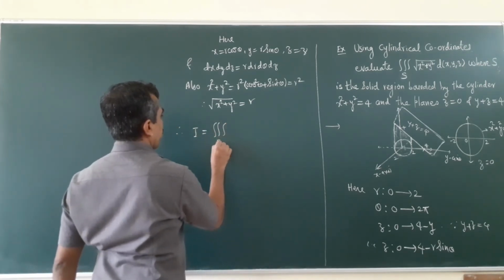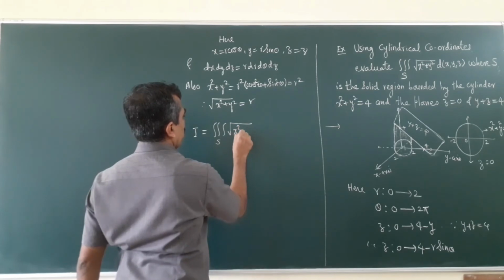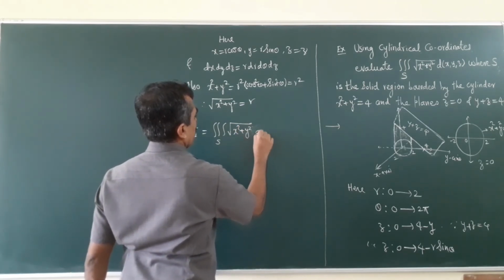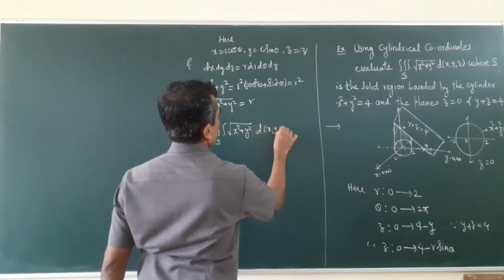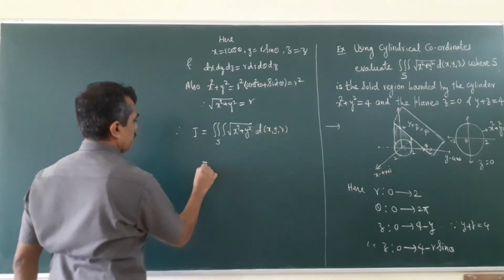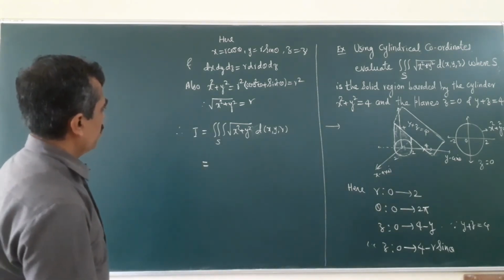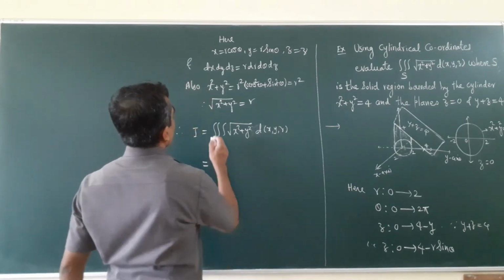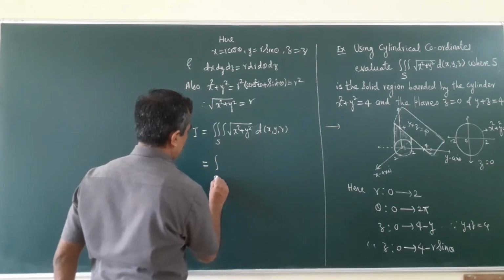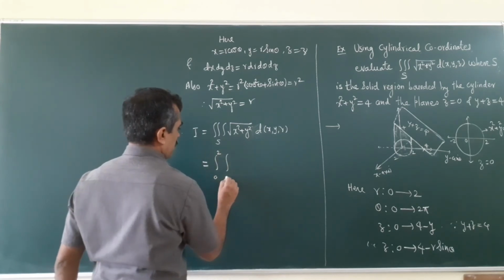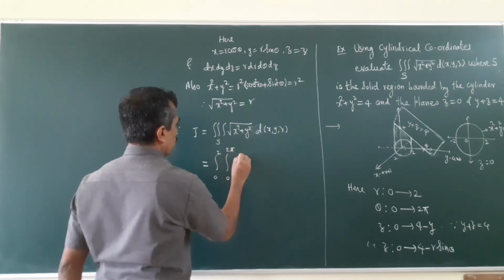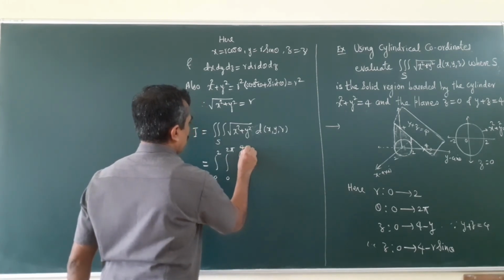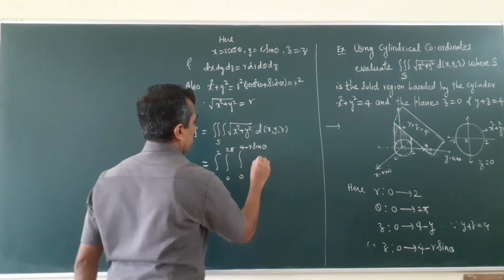Therefore, now go to your integral. Triple integral over S of root of x square plus y square dV is equal to the integral with r from 0 to 2, theta from 0 to 2 pi, and z from 0 to 4 minus r sin theta.